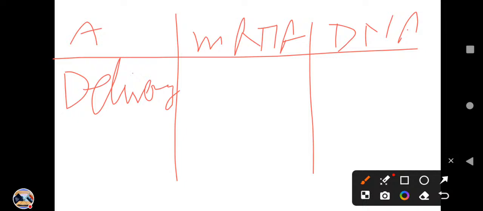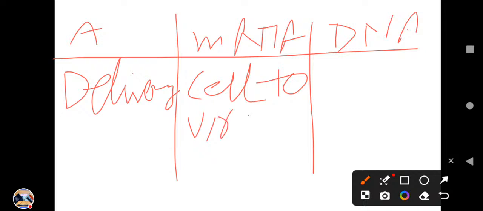In delivery, mRNA vaccines deliver instructions directly to the cell to produce viral proteins.